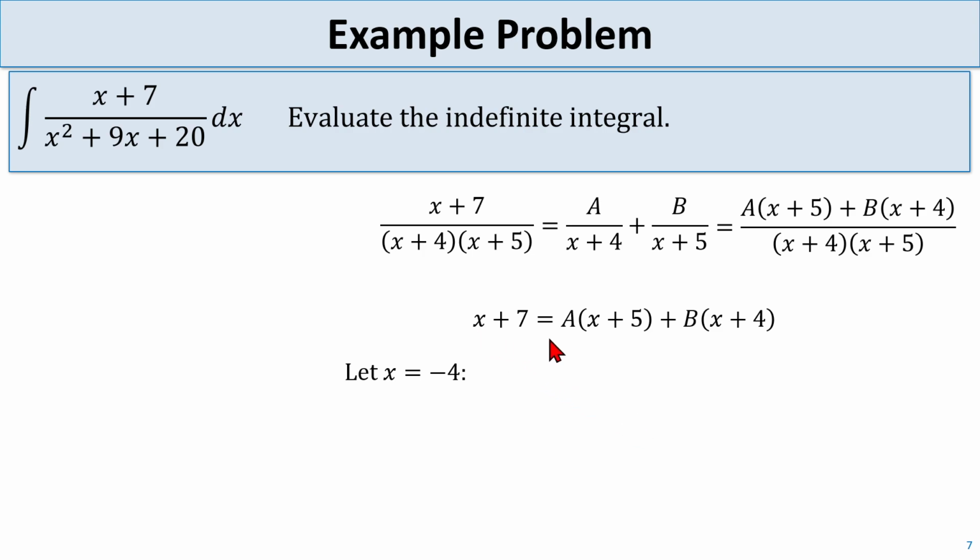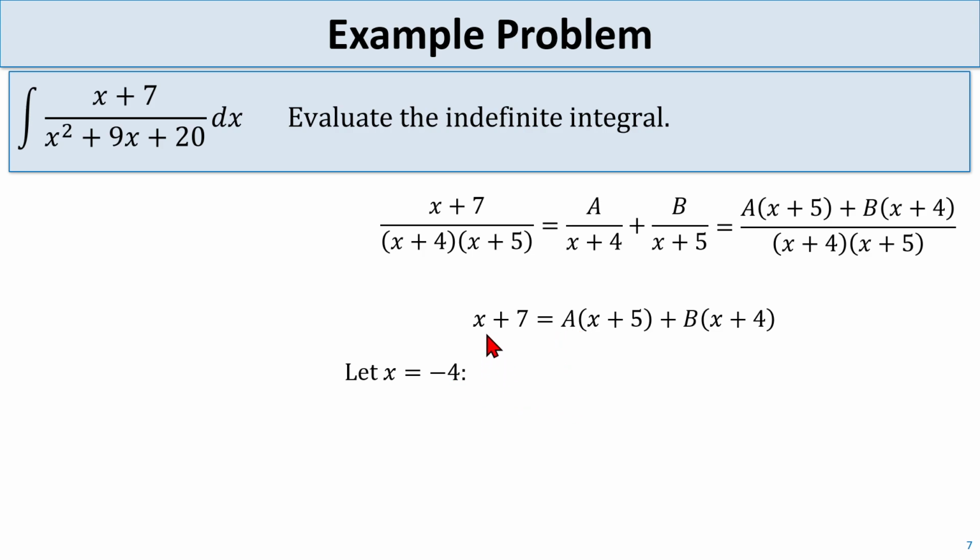The trick is that this equation needs to be satisfied for any value of x. And so if I choose my value of x appropriately, I can eliminate terms from this equation. For example, if I let x equal -4, then this term involving B is just going to disappear, and I can immediately solve for A. So let's do that.